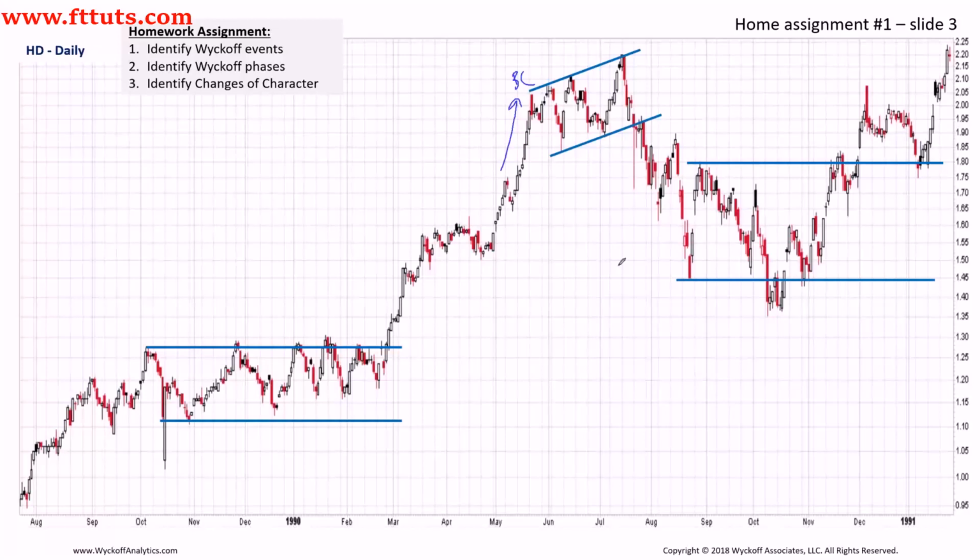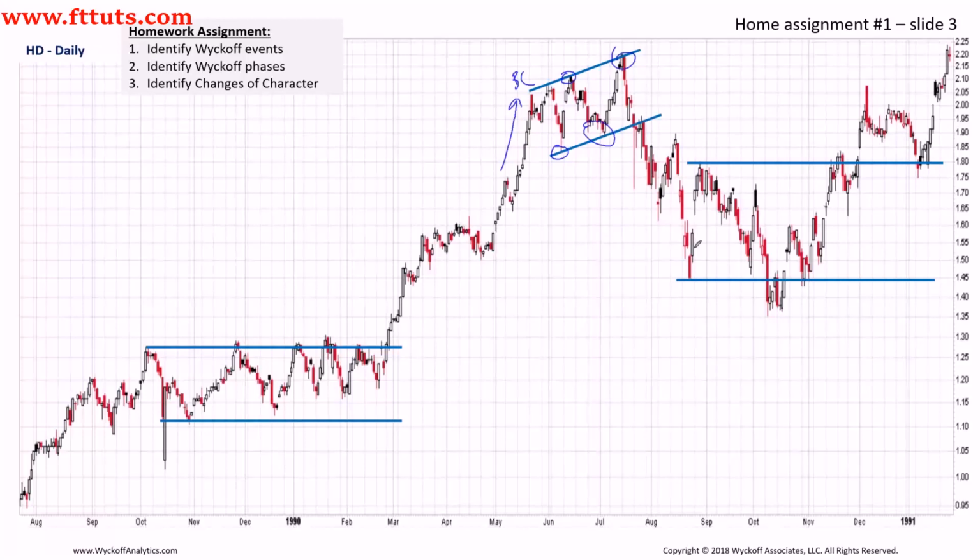Label everything for me. Do not describe what you see because we see the chart and understand what's happening. I want you to give me short answers on the labels. So if this is the buying climax, then I want you to label all of these points right here.